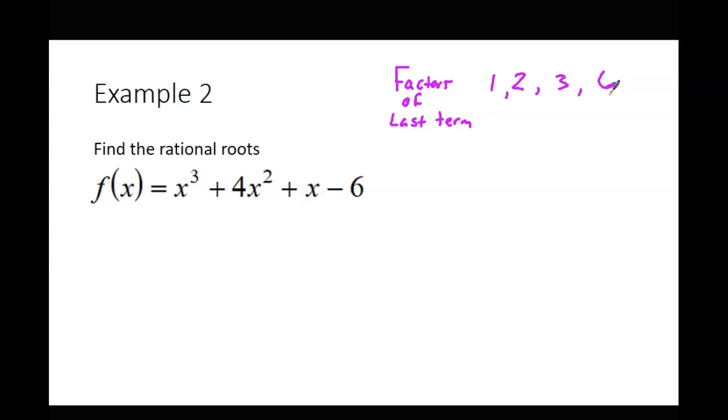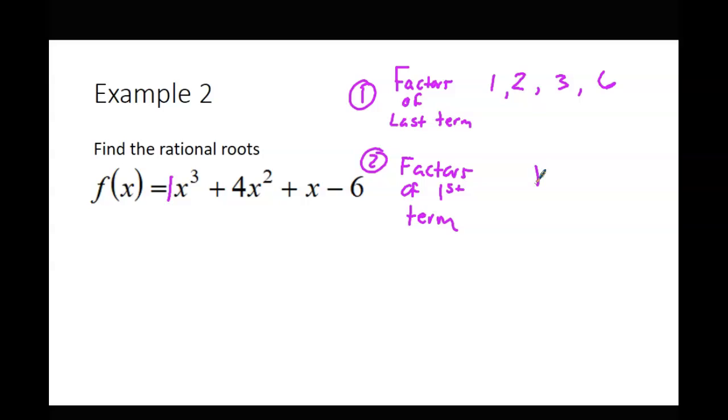The next thing we're going to do is write the factors of the first term. My first term's coefficient is a 1. So what are my possible roots there? It's just 1. That's pretty sweet when that happens because you don't get fractions this way.